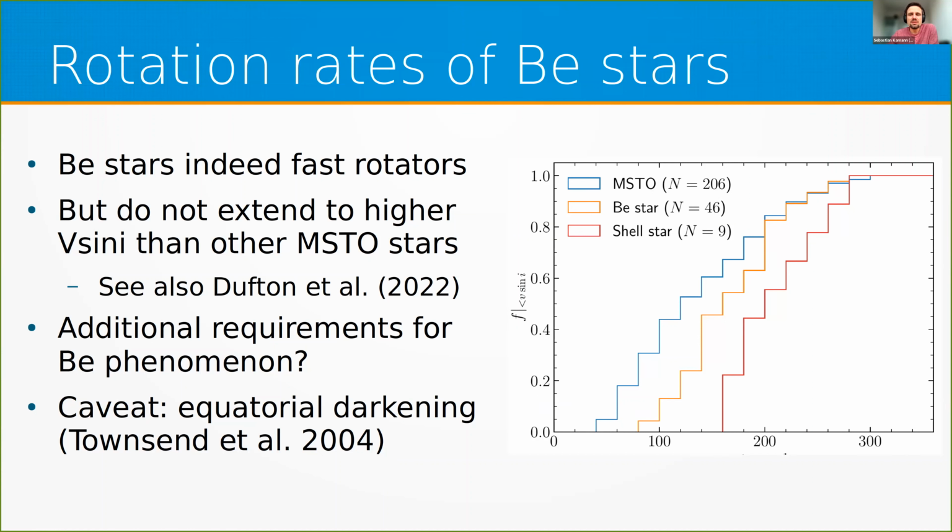And then you ask yourself whether there are additional requirements that give rise to the BE phenomenon, because it doesn't seem to be the case that in general BE stars are just rotating faster than normal B stars. One caveat here that we need to take into account is equatorial darkening, namely that the fastest rotating portions of the star are also the faintest, so they're most difficult to observe.